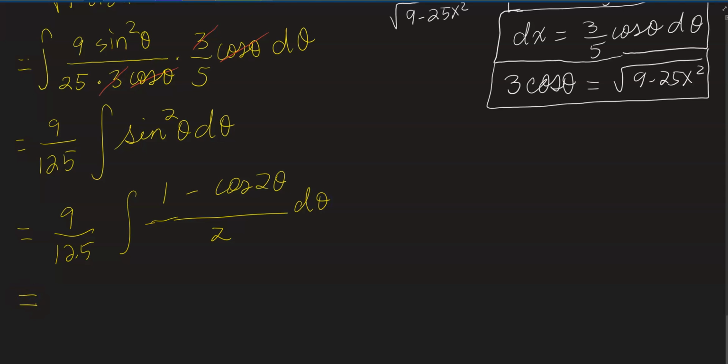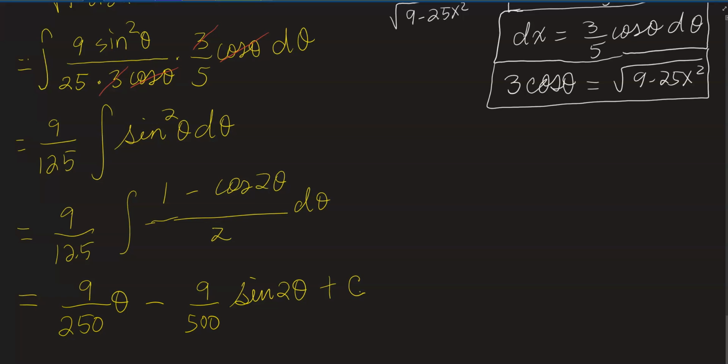We would have the integral of 1/2 d theta is 1/2 theta multiplied by the coefficient in the front. We would have 1 over 250 theta minus the integral of that, which is sine of 2 theta over 4. So this will give us 9 over 500, plus c.